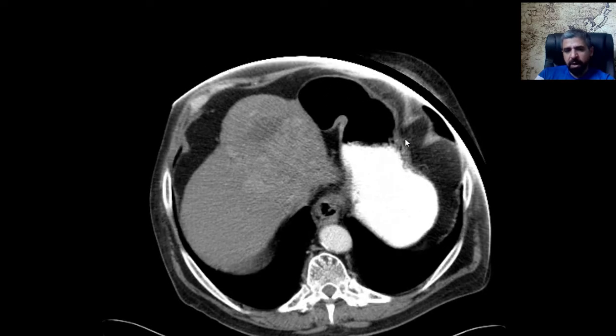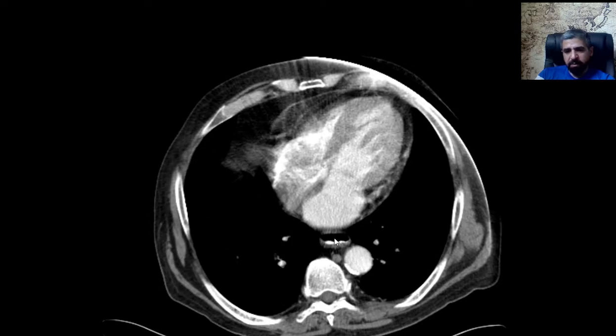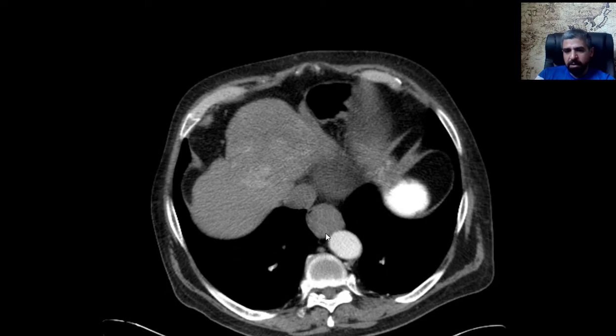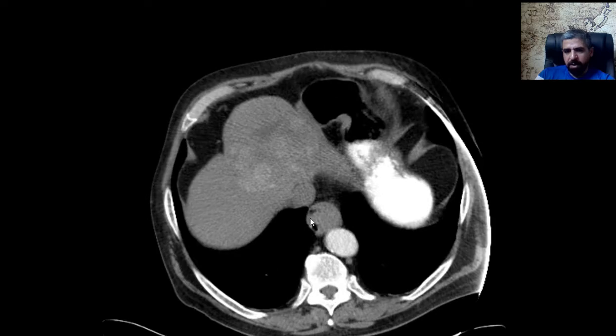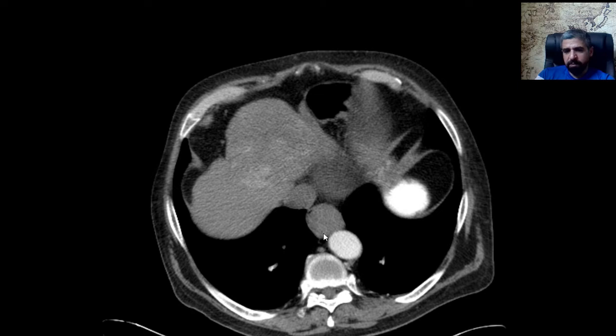So dysphagia indicates something with the esophagus, and we said yesterday there is a little bit of oral contrast seen trapped within the esophagus. If we go down a little bit, this is the primary pathology: there is a soft tissue mass within the lower esophagus just above the gastroesophageal junction.